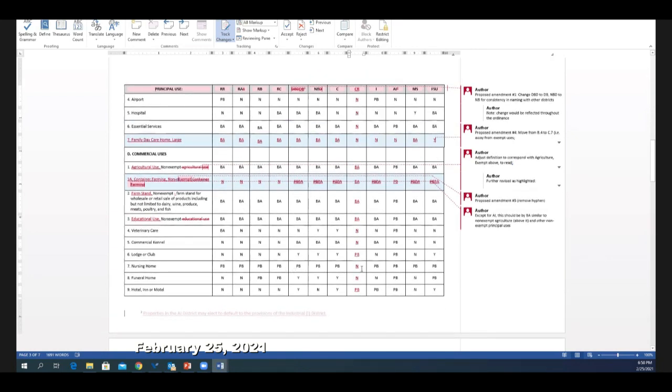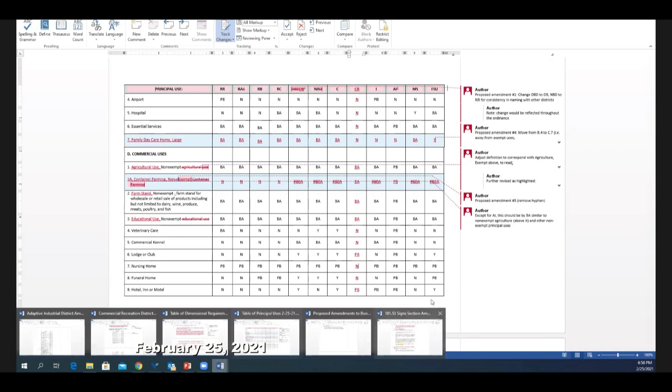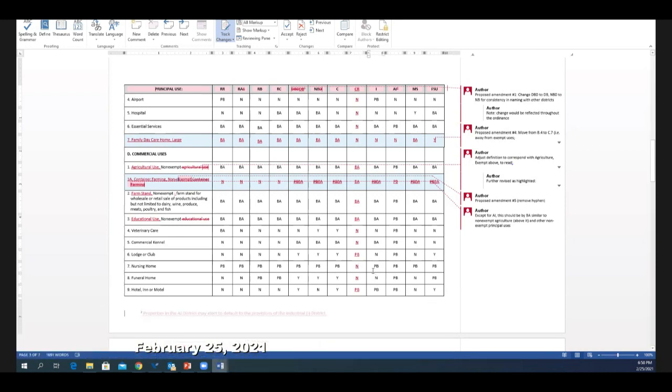Is that? I actually thought it was a different section. I thought so too. Let me check the notes. I might not have caught that one. Under CR change Y. It doesn't make sense to put it in commercial recreation, right? I mean, I agree. And we're not going to see it as a practical matter. Yeah. Was that RA though?